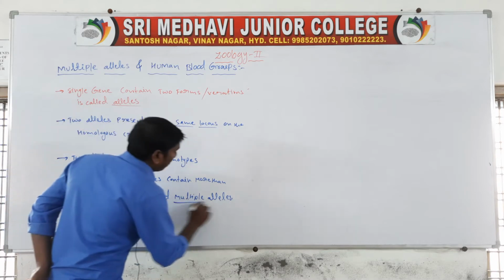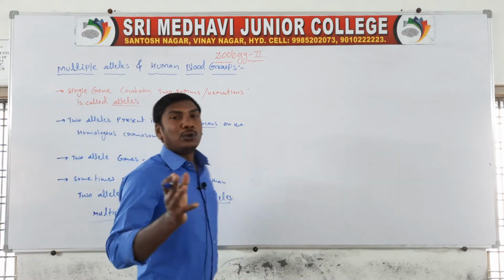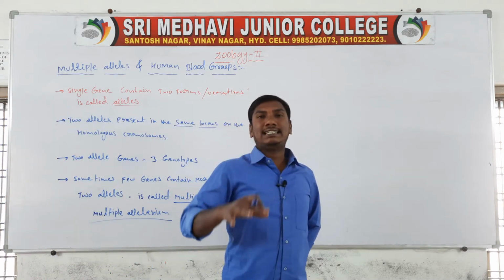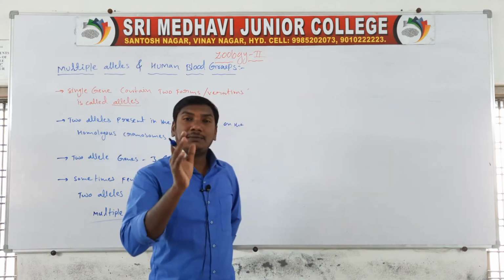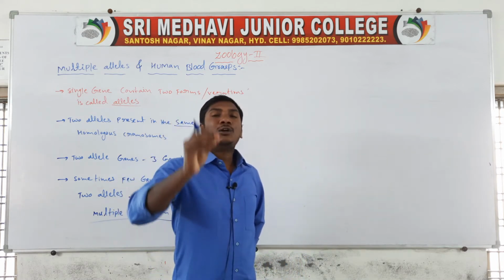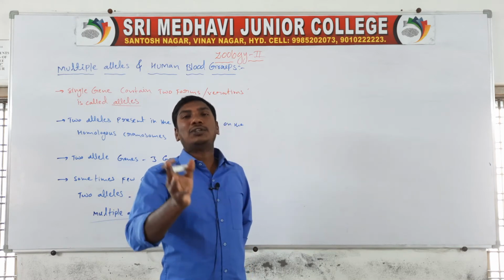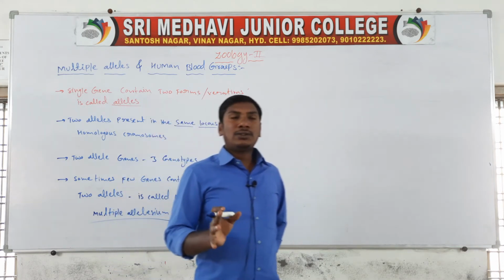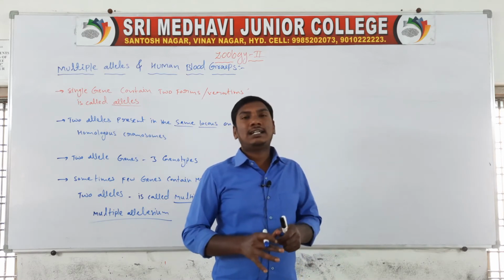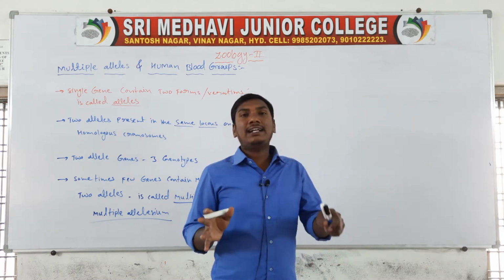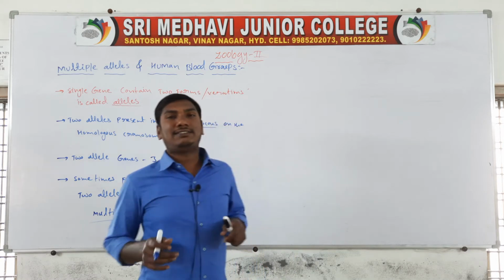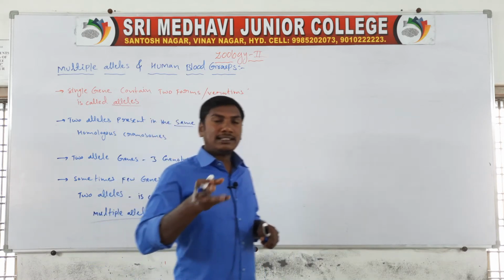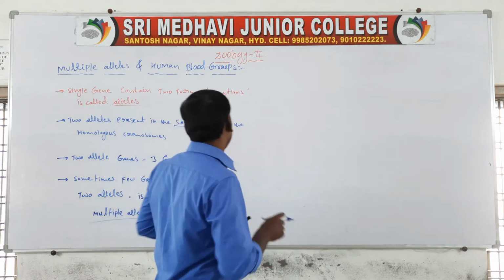The more than two alleles present in a single gene are called multiple alleles. These multiple alleles do not occur in a single individual; a single organism does not carry all of them.